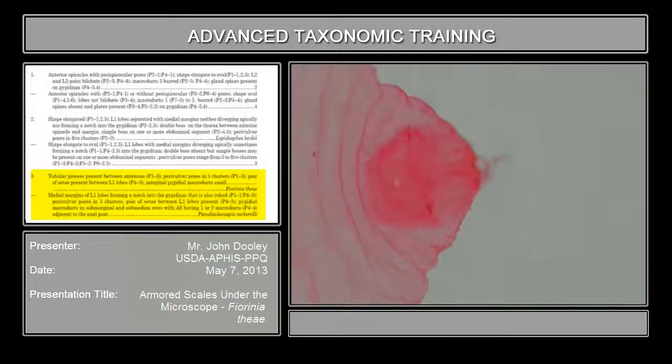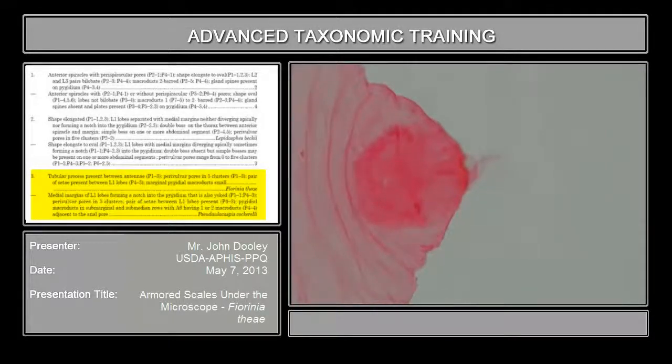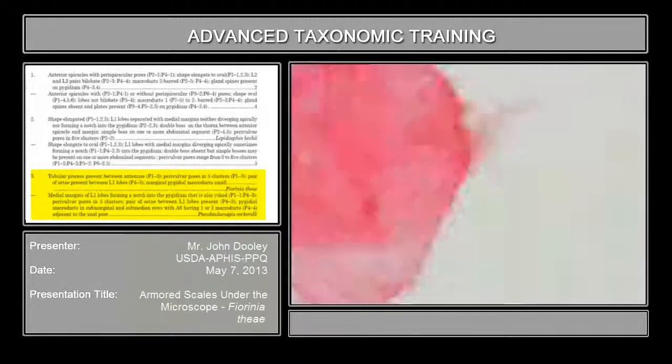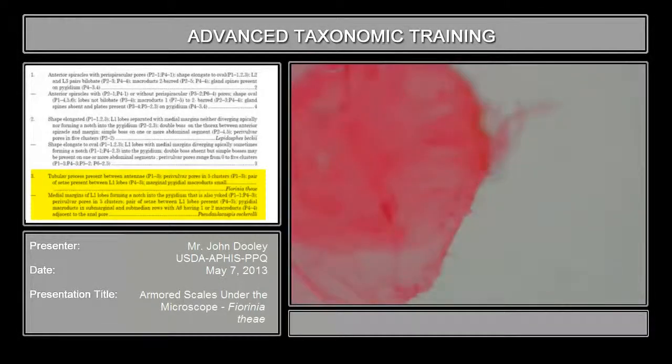The other character they're talking about is that the marginal pygidial macroducts are small. They call them macroducts, but these are so small. They're very small structures right in here. I'll see if I can bring this. Yeah, here they are.